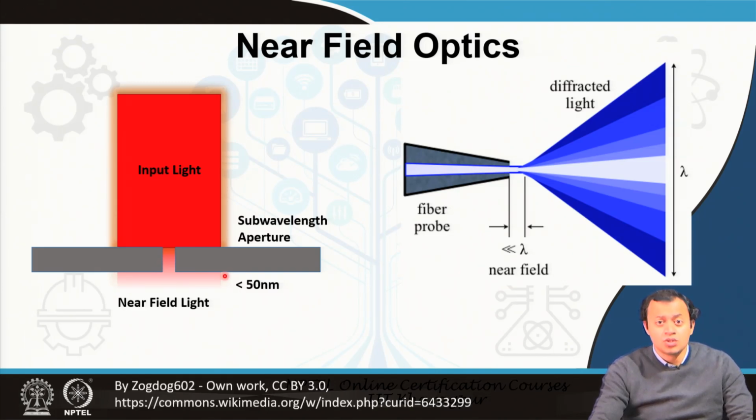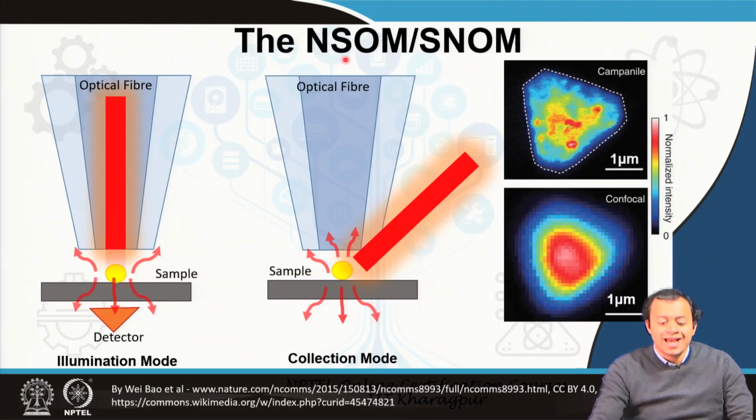So what? You will ask, so what? Well, we try to measure this light, and the amount of light that is coming out, the tiny percentage, 0.01 percent of light that is coming out, believe it or not, will give us information about the slit size, and that is NSOM or SNOM.